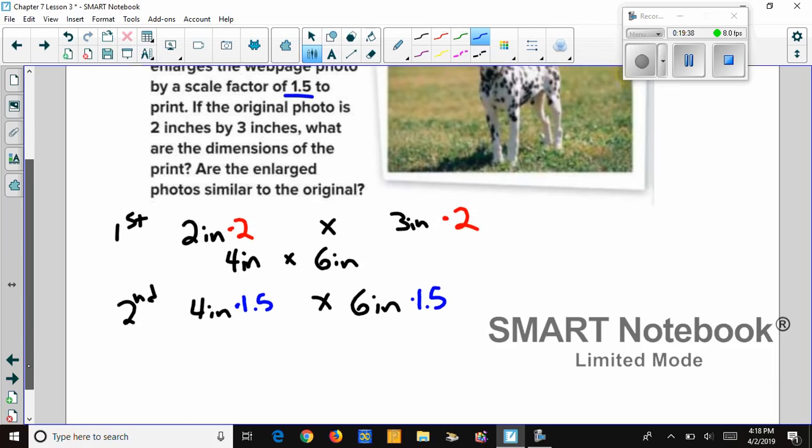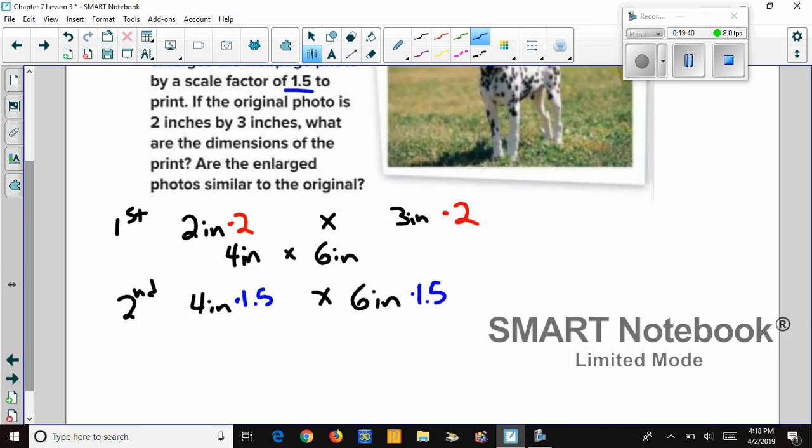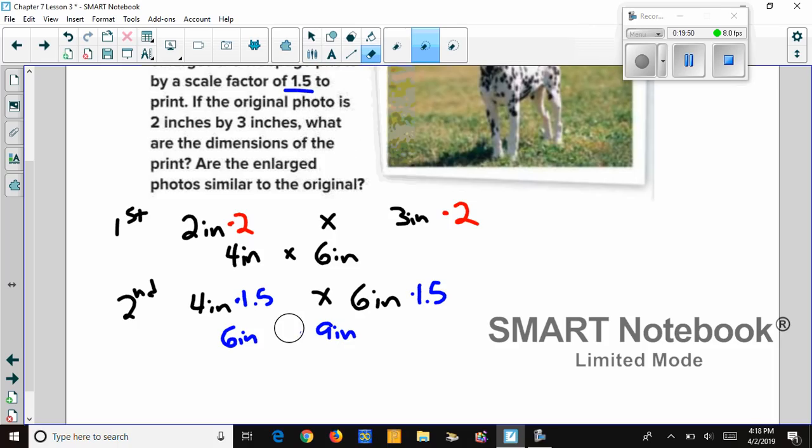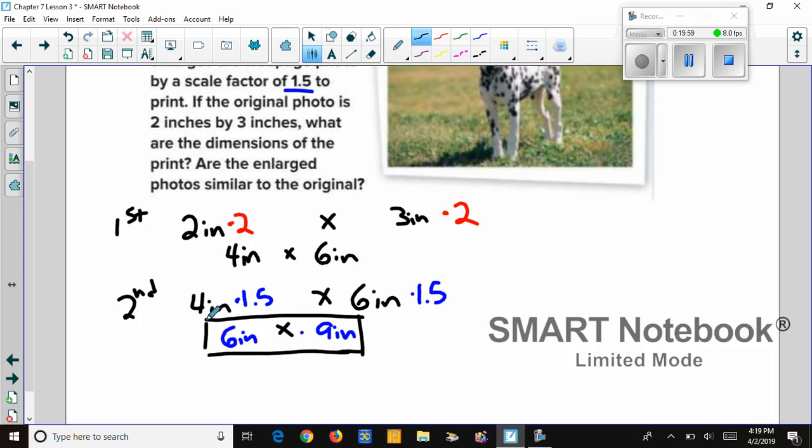When I do that, I find the dimensions of 6 inches by 9 inches, and that is the answer for the first part that asks us, what are the dimensions of the print?